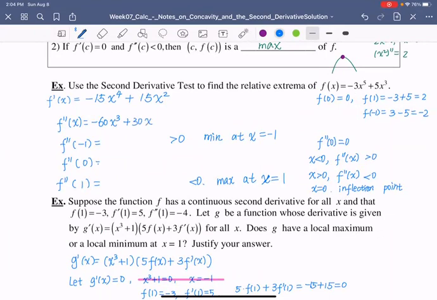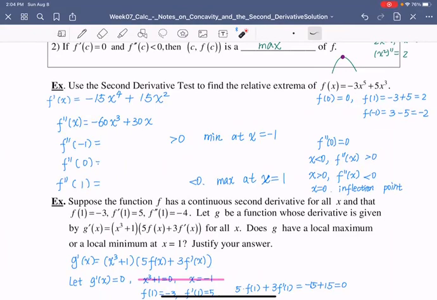Okay. We want to find the relative extrema. So we want to make which one to be 0? We want f double prime.